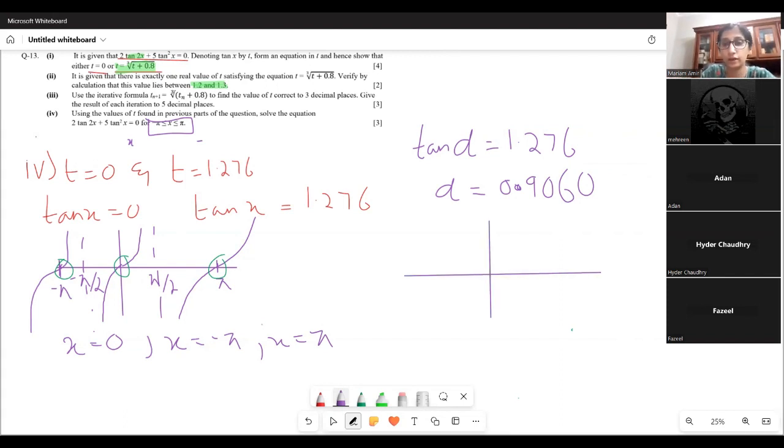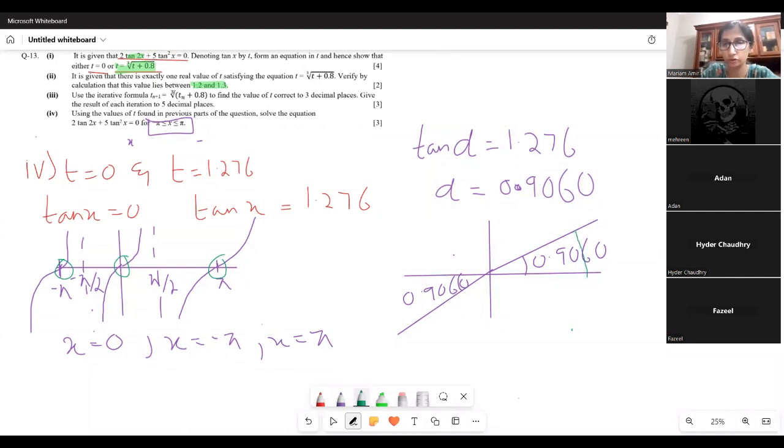So that's either in the first quadrant or here in the third quadrant. So this is 0.9060 and this is 0.9060. Okay, so this would be one of the solutions because it's between minus pi to pi, and this would be one of the solutions.